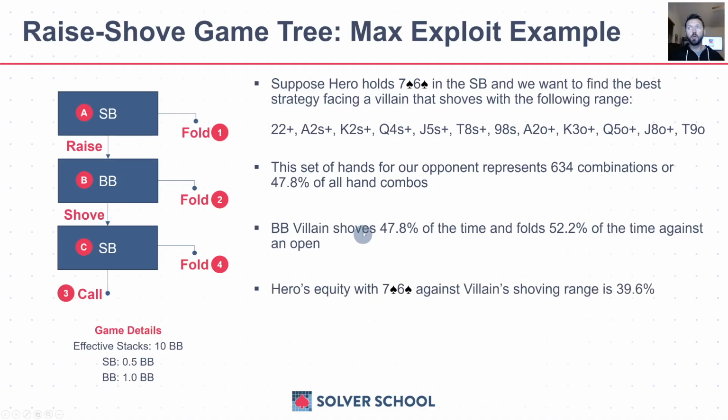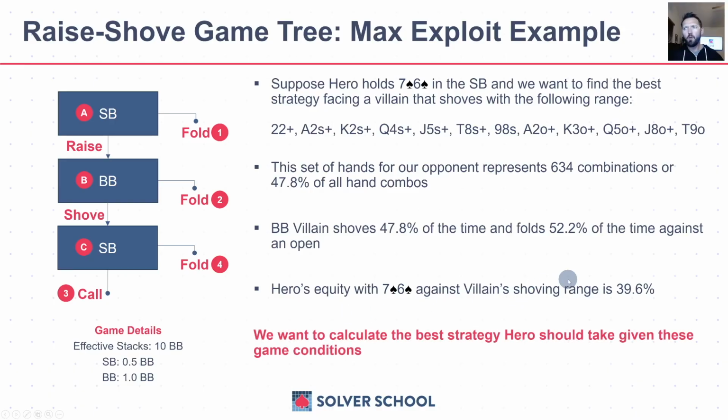And we know also by plugging into an equity calculator that the equity of 7-6 of spades against this shoving range, so if the big blind shoves and we happen to call with 7-6 of spades, 7-6 of spades holds 39.6% equity against this range. And what we want to do is we want to actually calculate, well, what's the best strategy a hero should take here, starting at point A, given these exact game conditions.